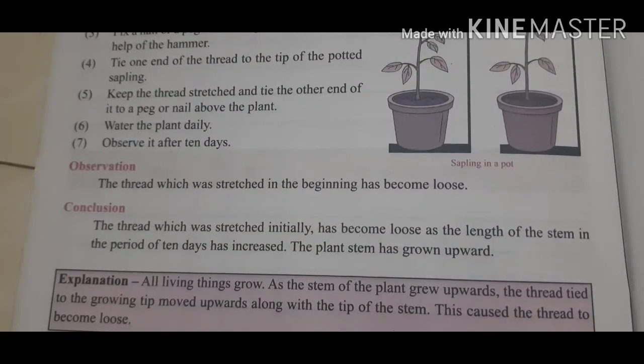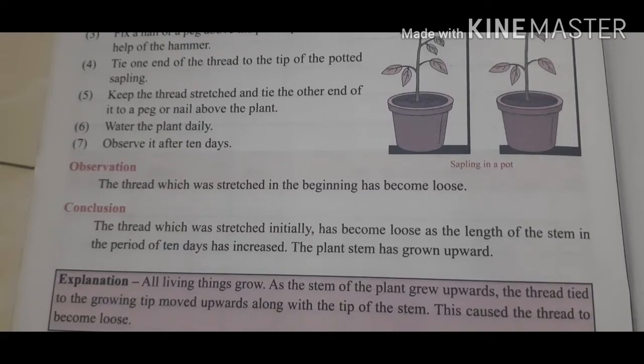The thread which was stretched in the beginning has become loose. Conclusion: the thread which was stretched initially has become loose as the length of the stem in the period of 10 days has increased.